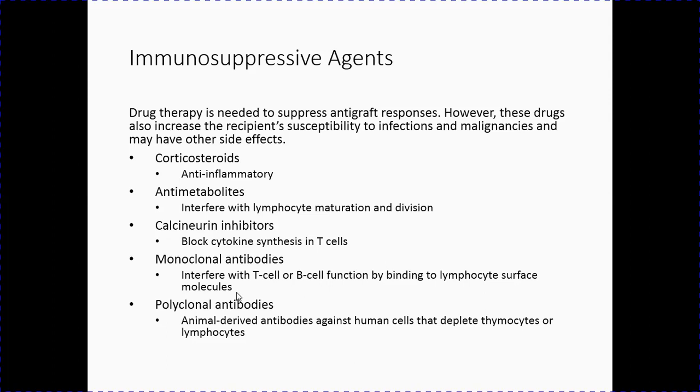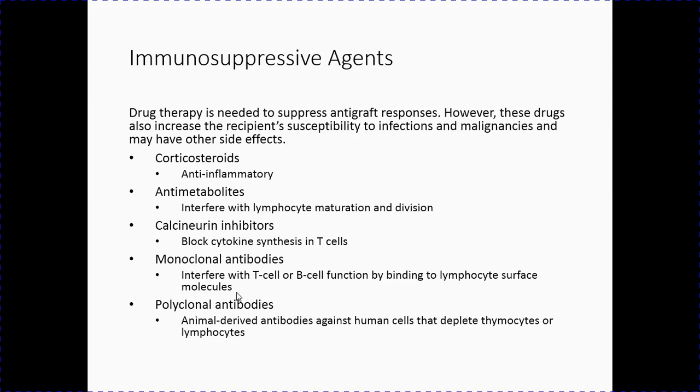Some issues come up, though. We talked about how monoclonal antibodies were derived originally from mice, so when you use them, you can develop anti-mouse antibodies that can bind to those monoclonal antibodies, the immunosuppressive antibodies, and make them ineffective. So it's not a perfect world.